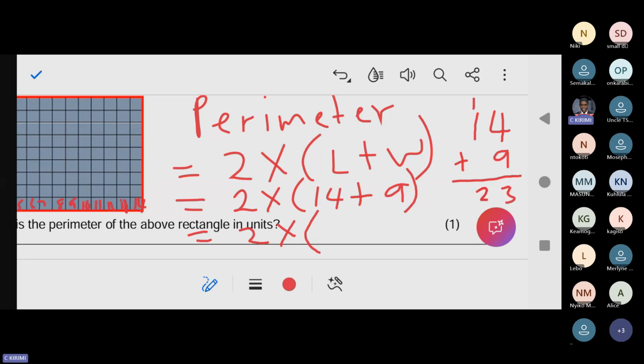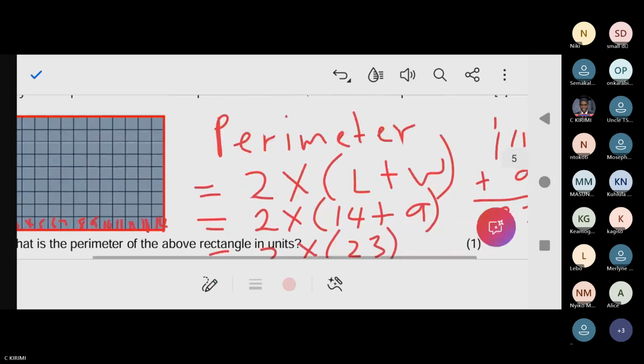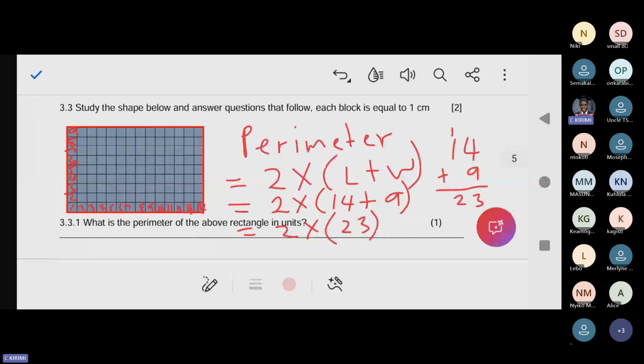You get 23. You put your 23. Then what is 23 times 2? 46. So your perimeter is going to be 46.